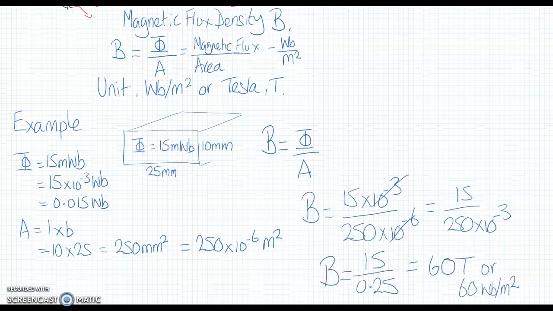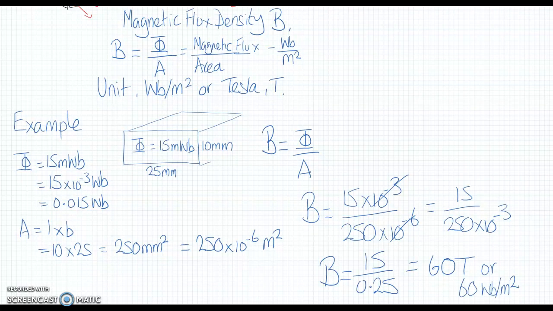So what we have now is 15 over 0.25, because obviously we've got 1, 2, 3. So 15 over 0.25 is 60 Tesla, or 60 Webers per metre squared.